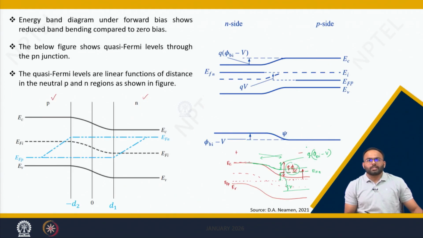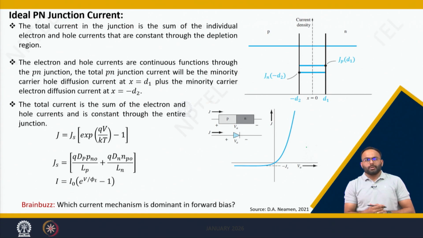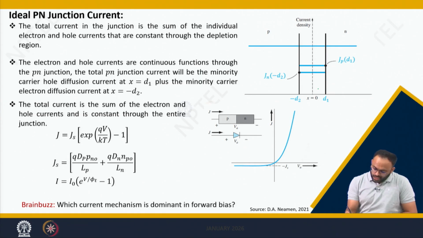In this lecture we are not going to derive the diode current equation, but let me tell you a few of the approximations which we need to take care of. First, we are assuming the depletion approximation. It means there are no mobile charge carriers available in the depletion region, so we are assuming that the depletion region comprises only immobile ions.